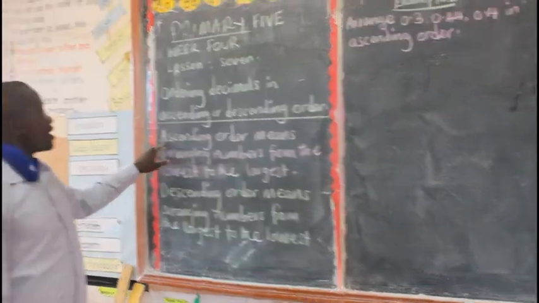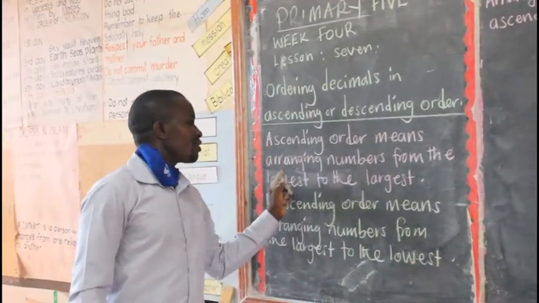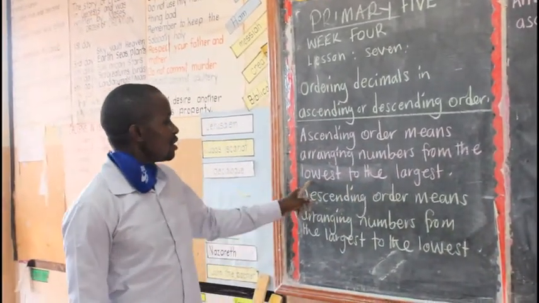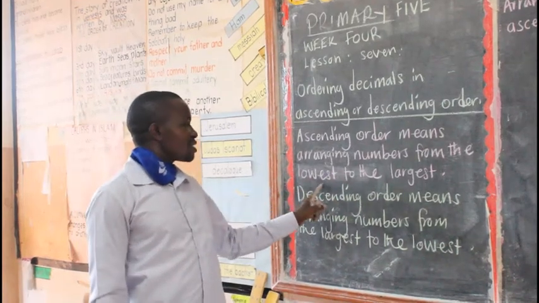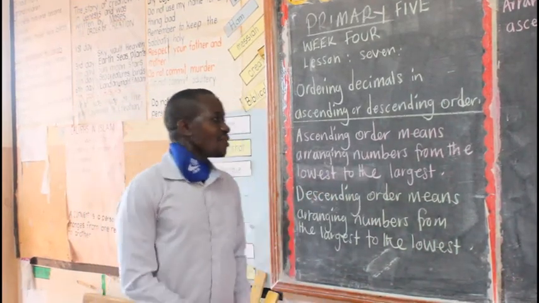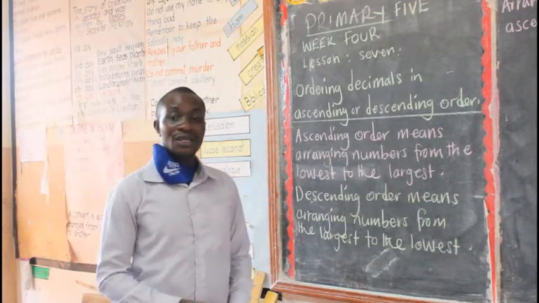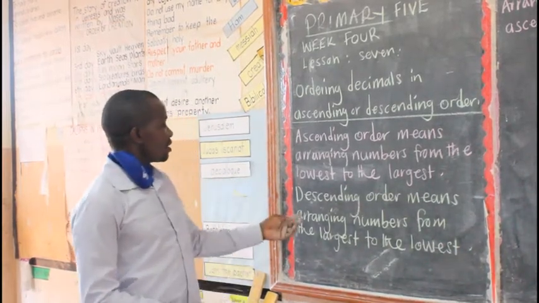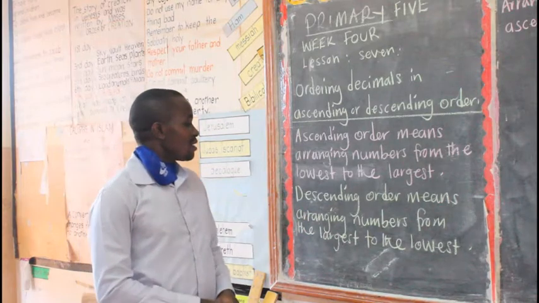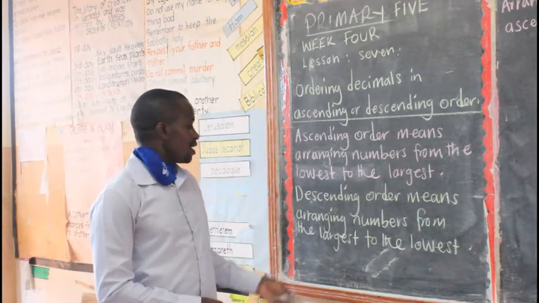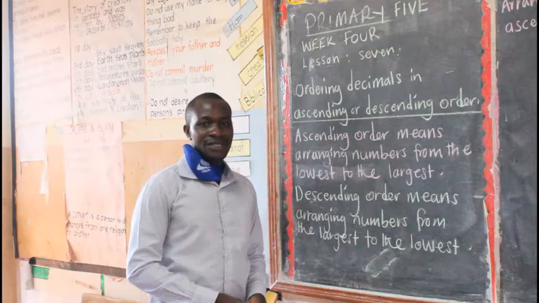Here it is. Ascending order means arranging numbers from the lowest to the largest. And descending order is the arranging of numbers from the largest to the lowest.